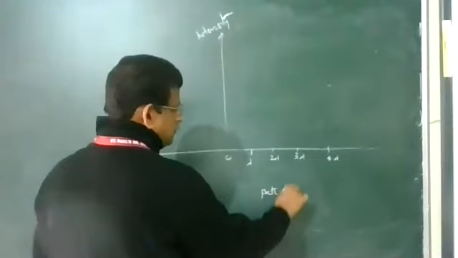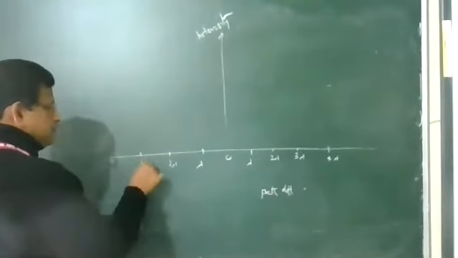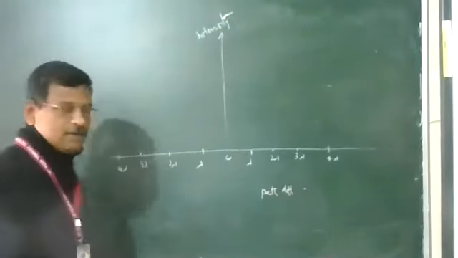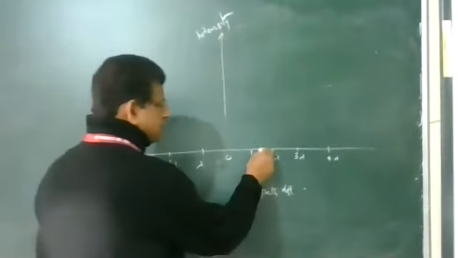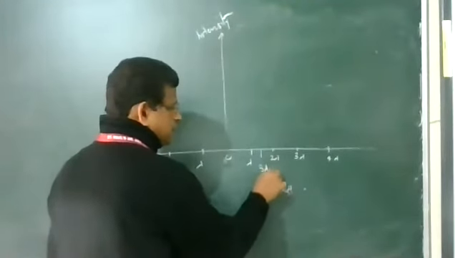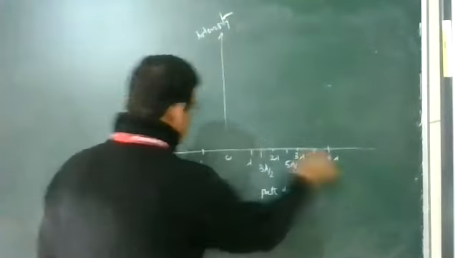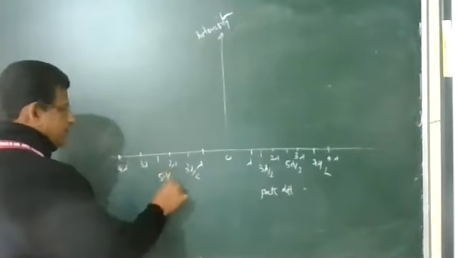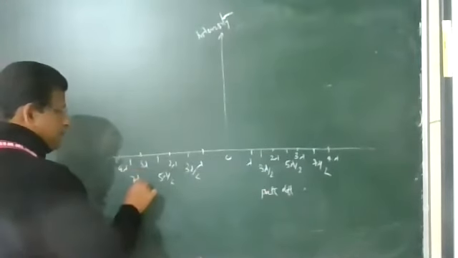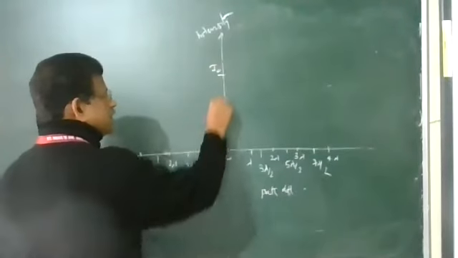The minimum values are clear. These are the minima, at lambda, 2 lambda. The maxima will be here, at 3 lambda by 2, 5 lambda by 2, 7 lambda by 2. Maximum intensity is I0, that is for the central maximum.